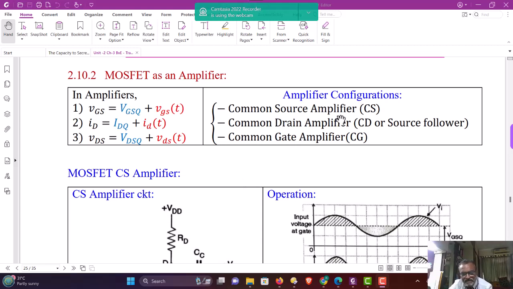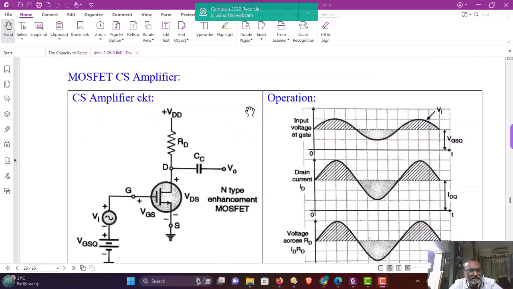If the drain terminal is common, then it is called a common drain amplifier, also called a CD amplifier or source follower. The third configuration is the common gate amplifier, also known as CG configuration. Now let us see the circuit diagram of a MOSFET as a CS amplifier.